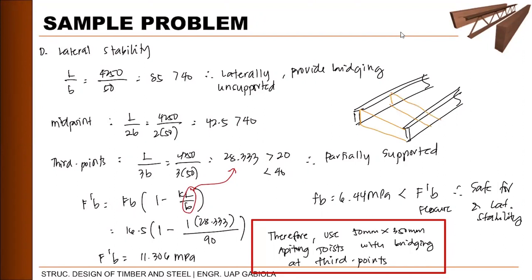Third points tayo, no? So, yung ika-third division, ibig sabihin ng third points. Okay, dito. Okay? So, ganyan yung mangyayari ng kanyang bridging.